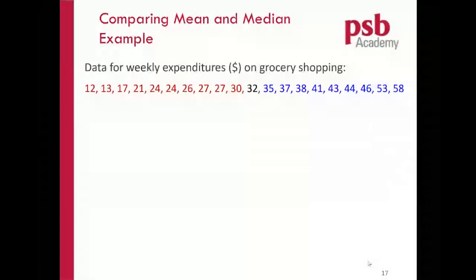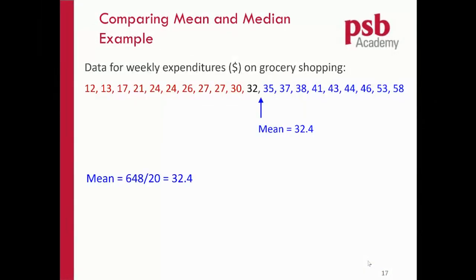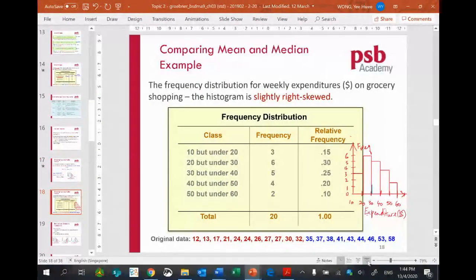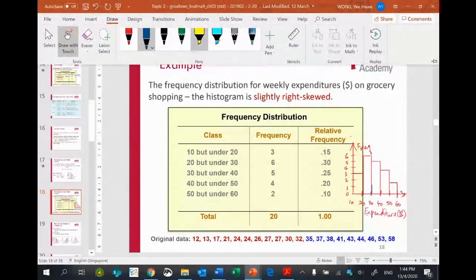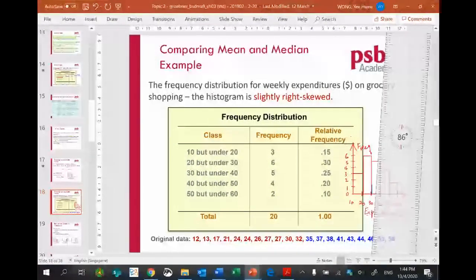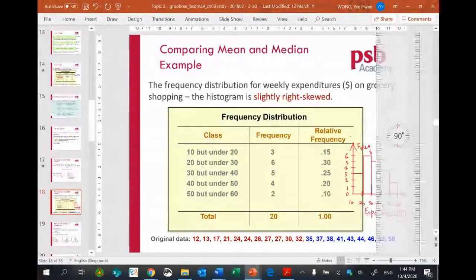I think I'll just use this screen, it's easier. 32.4 is the mean. So where is the mean? If I were to draw the mean here, it will be 32.4. Let's say I draw a line here.